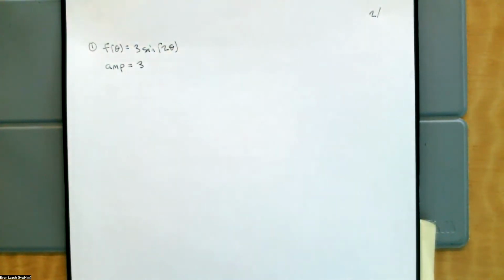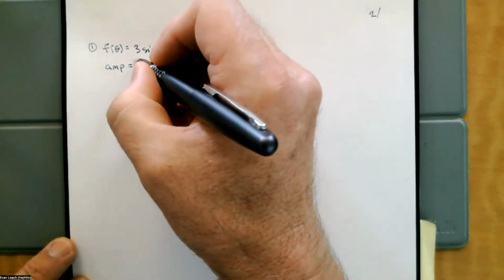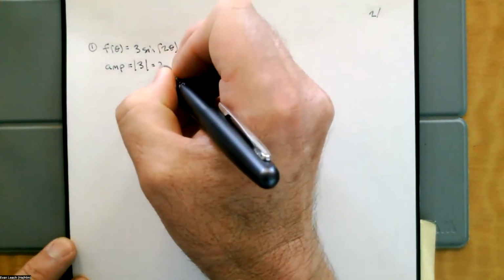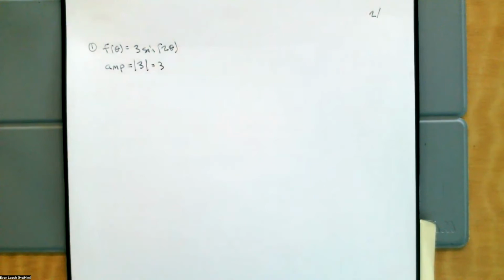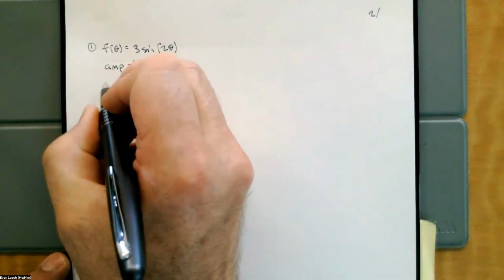It should be the absolute value of 3, but the absolute value of 3 is just 3. Remember, amplitude is the distance from the middle to the top and from the middle to the bottom. Since it's a distance, we just use the value. We don't say the distance is negative.